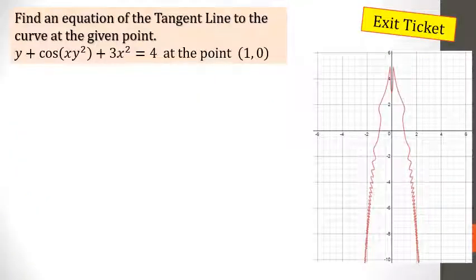This one is going to be your exit ticket. I think this is exit ticket number 12 maybe. Okay, so a couple of hints. Right here, you're going to have to use chain rule and product rule. Okay, so I'm going to get you started on this.